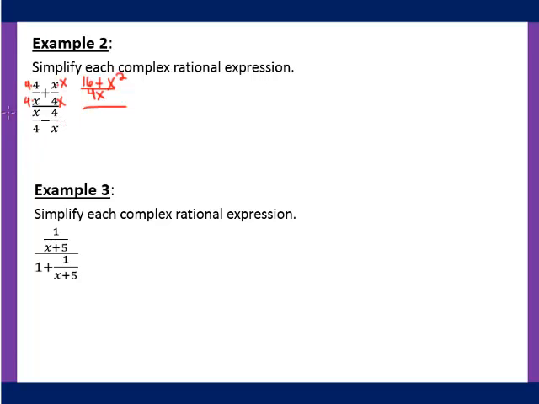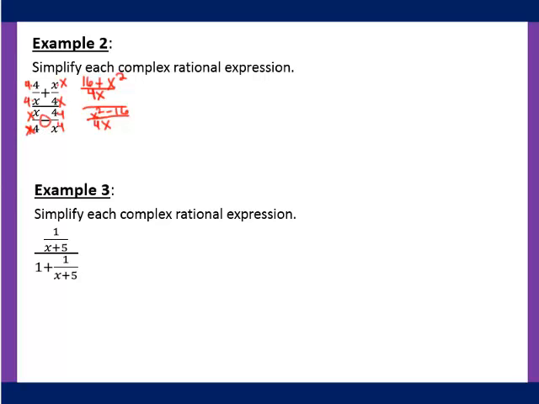Something very similar happens on the bottom. The denominator is 4x because we have a 4 and an x, but on this one we multiply the first fraction by x and the second one by 4, which gives us x squared, and since it's a minus sign, x squared minus 16.